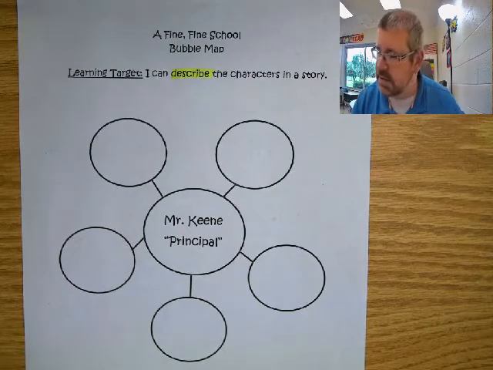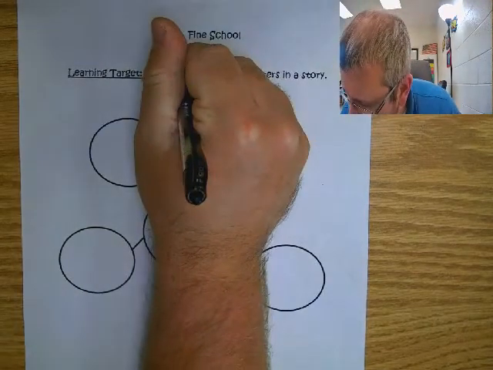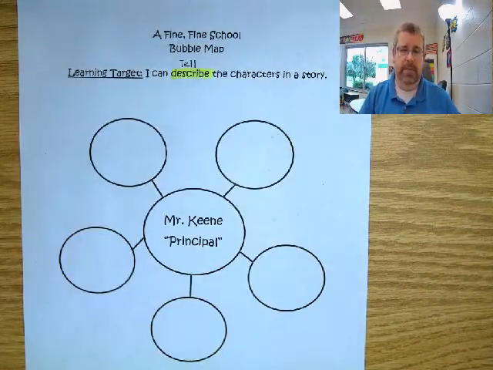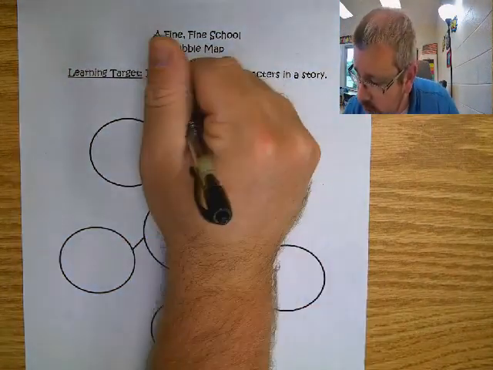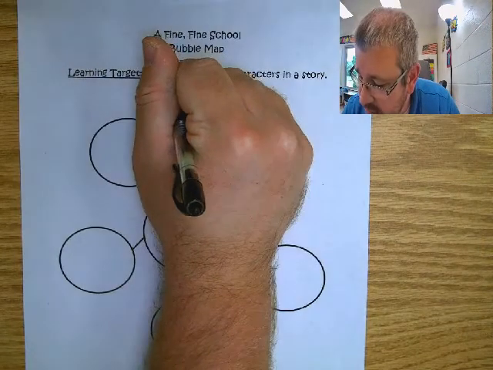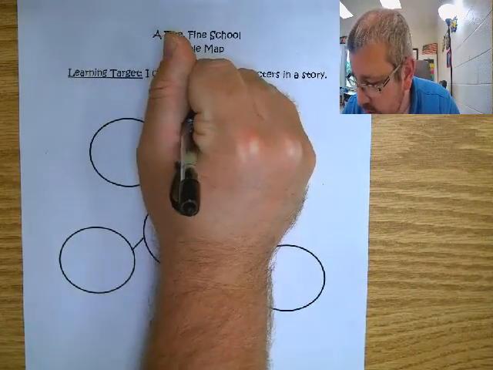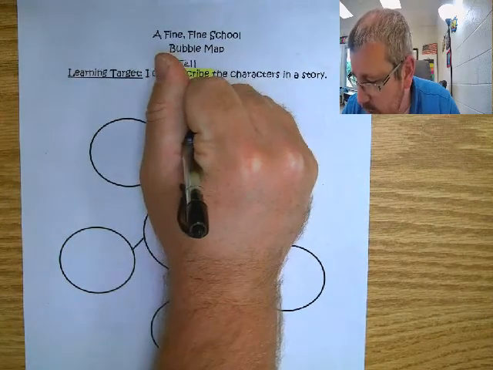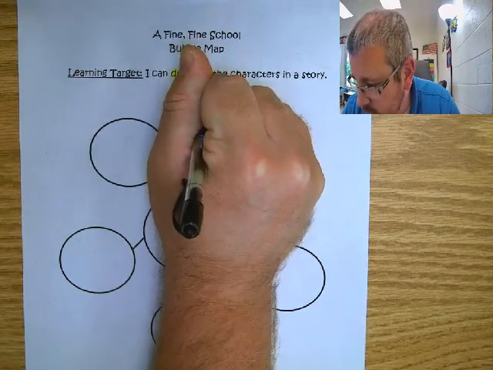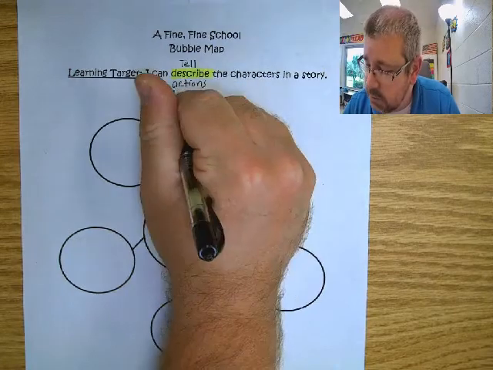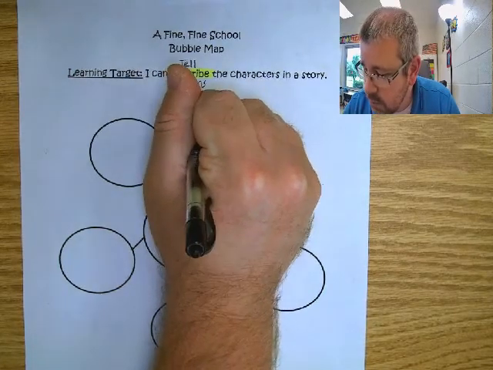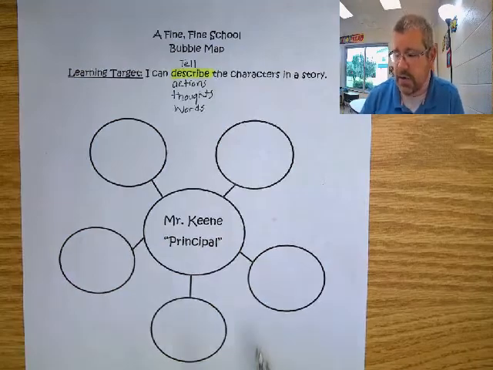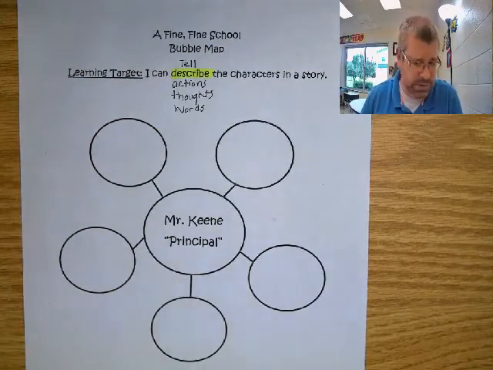Right, it means to tell. What are we telling? In this situation, we're going to be telling about the actions, thoughts, and words that are used with our character, and our character being Mr. Keene, the school principal.